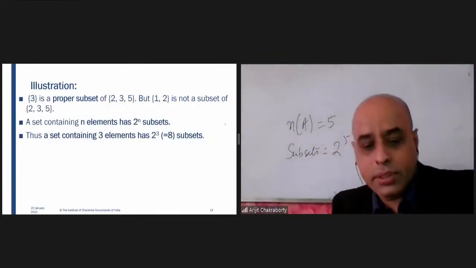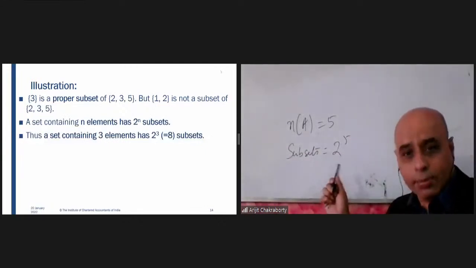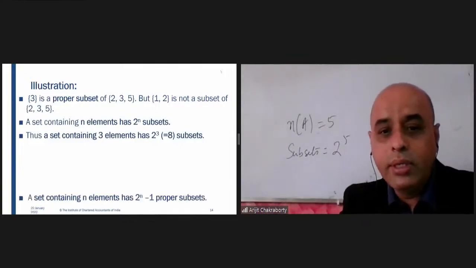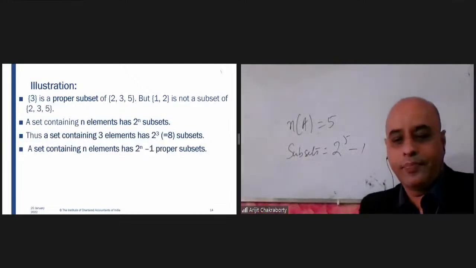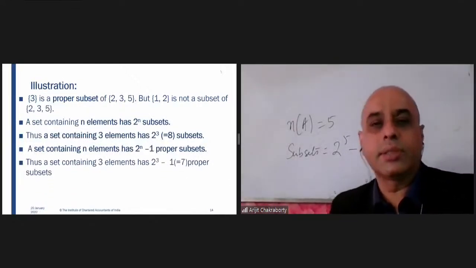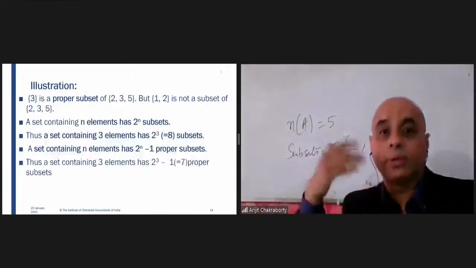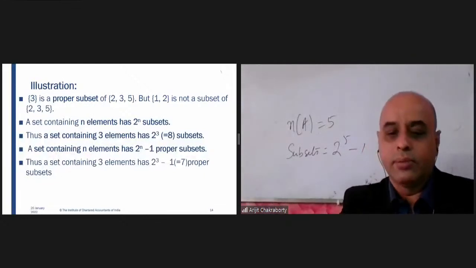Out of these, how many will be proper subsets? It will be 2 to the power 5 minus 1. So if a set contains 3 elements, it will have 2 to the power 3, that is 2 into 2 into 2, 8, minus 1, that is 7 proper subsets.